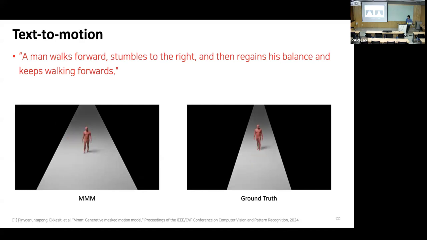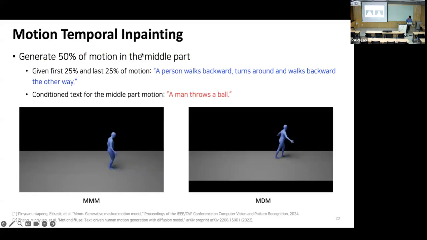So the model can generate motion sequences similar to the front. And this is another motion editing task. In this task, the model temporally inpaints the masked region of the motion sequences.